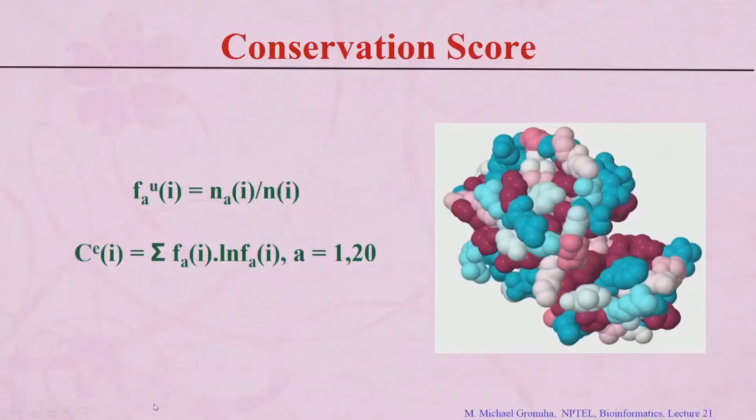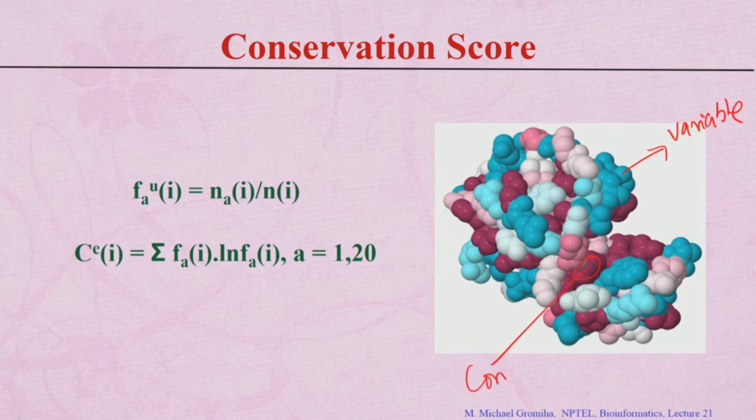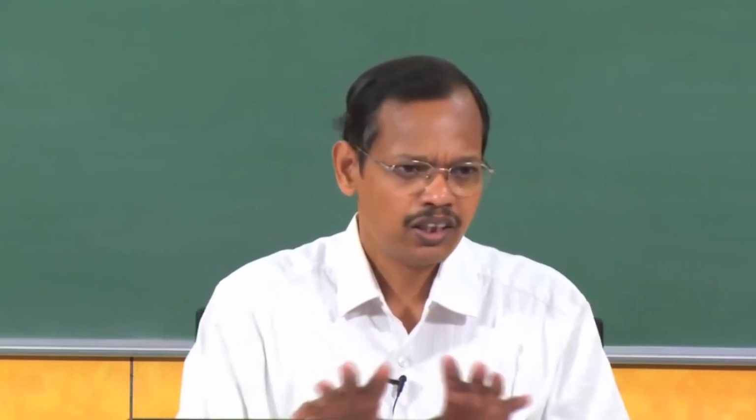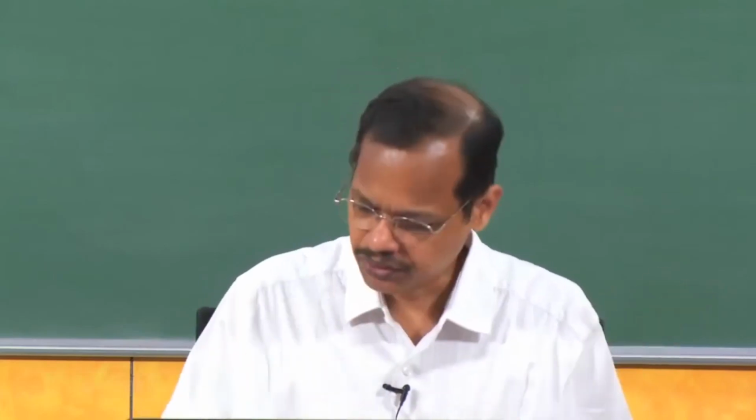Some residues are highly conserved, many of the residues shown in magenta color are highly conserved, and the ones in blue are variable. You can get these numbers between 0 to 9, where 9 is highly conserved and 0 is highly variable, fine.